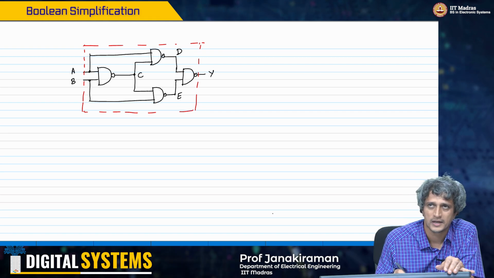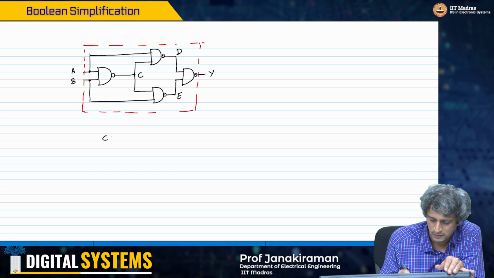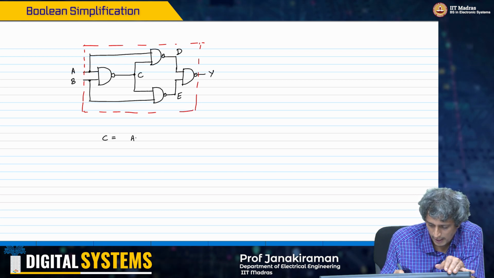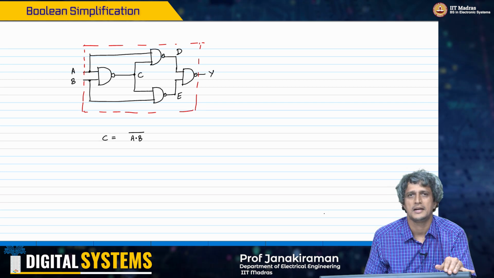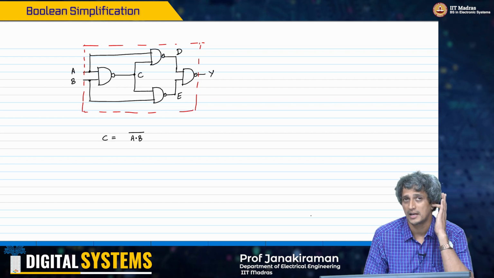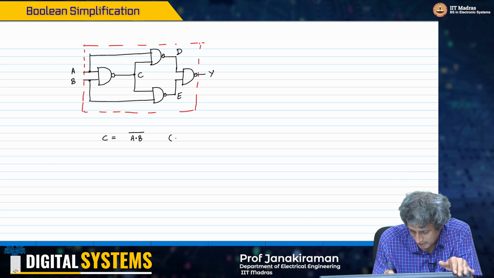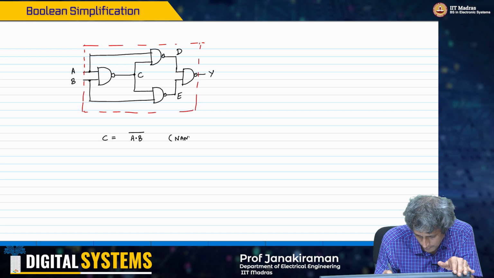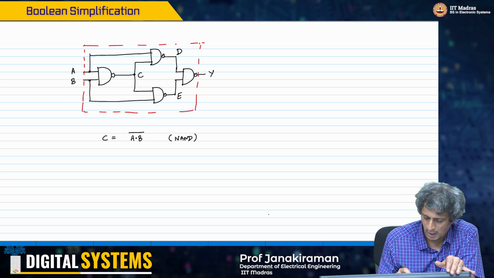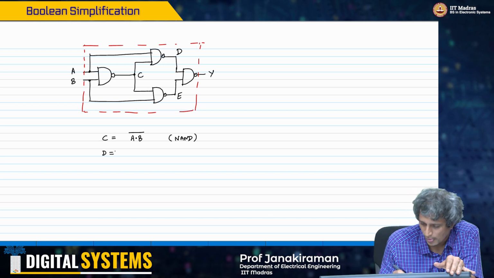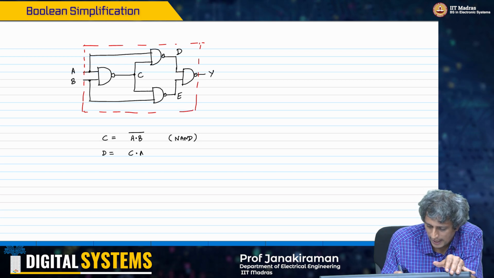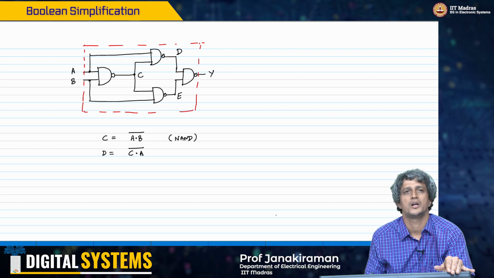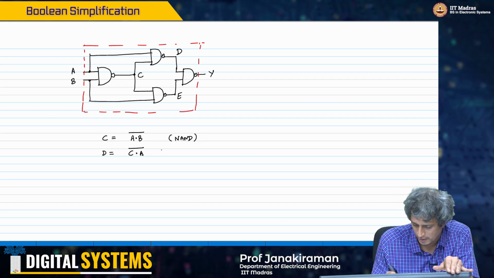So C itself is A and B whole complement because it's a NAND gate. Remember, everything here is a NAND gate. Okay, because it's a NAND gate. Now, what is D? D is nothing but C and A whole complement because again it's a NAND gate, right?